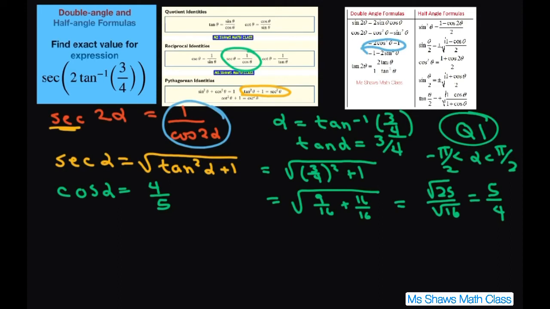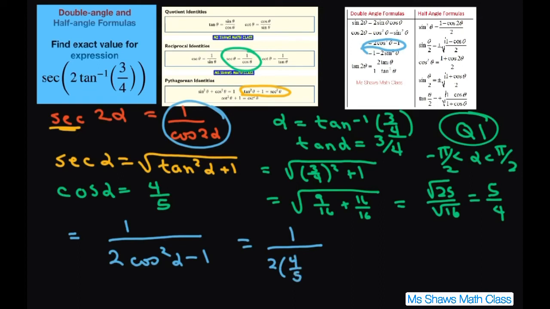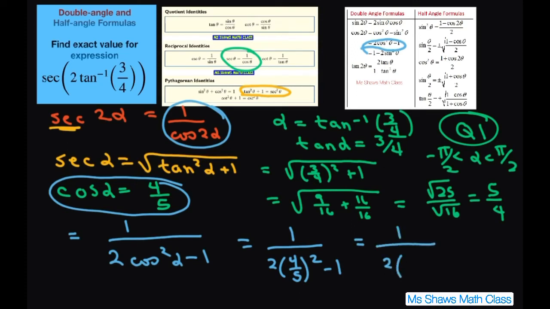So basically we have this equals 1 divided by 2 cosine squared of alpha minus 1. So this equals 1 divided by 2 times 4/5 squared. There's your cosine of alpha. And then we subtract 1. This equals 1 divided by 2 times 16 divided by 25 minus 1.